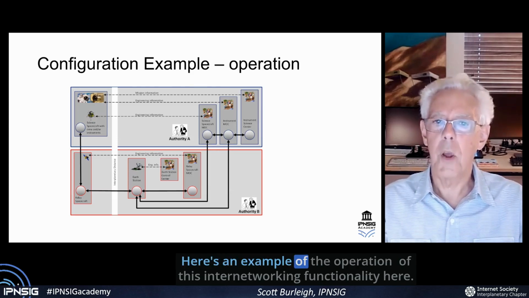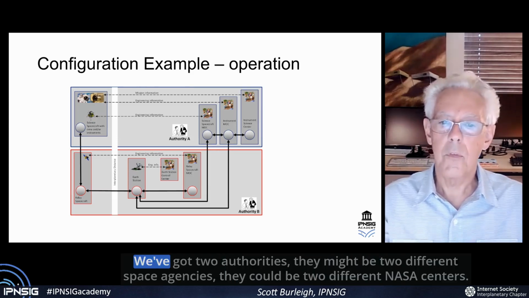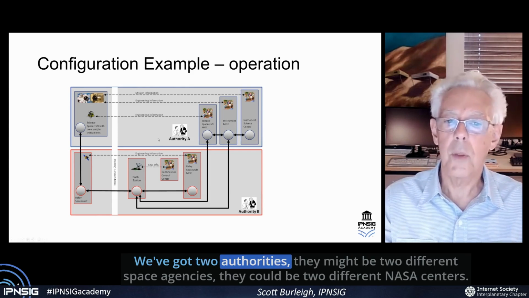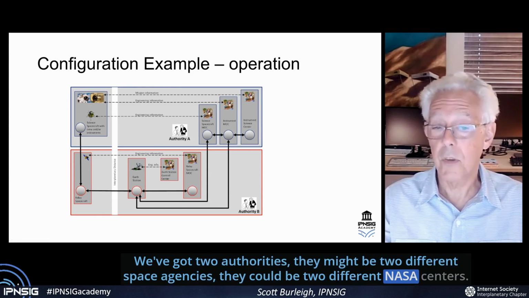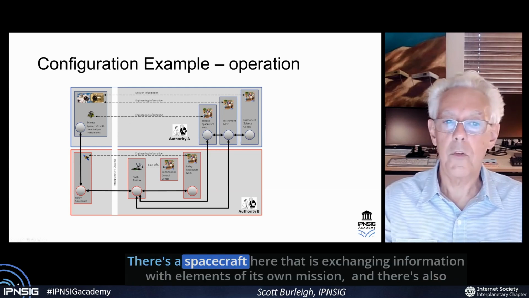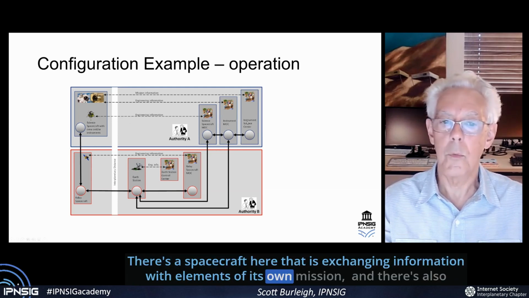Here's an example of the operation of this inter-networking functionality. Here we've got 2 authorities. They might be 2 different space agencies. They could be 2 different NASA centers. There's a spacecraft here that is exchanging information with elements of its own mission.